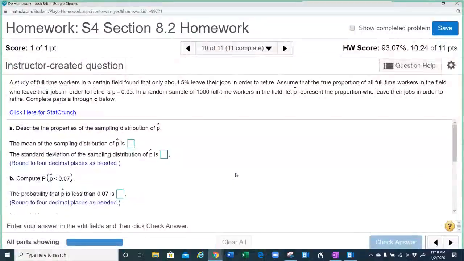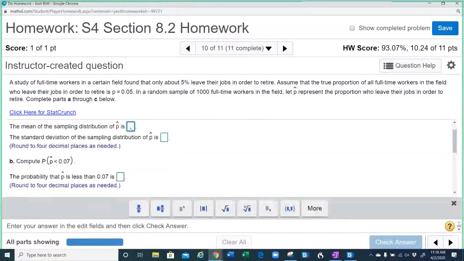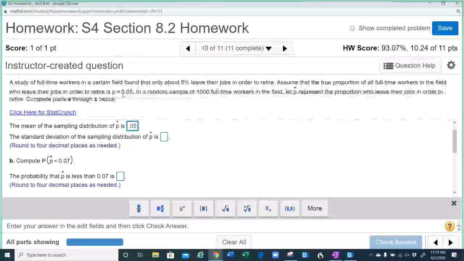All right, and got a couple more here. So the mean, again, 5%, that's p, the proportion of people who leave their jobs to retire. And then standard deviation, so let's jot down 0.05, and our sample is 1,000.